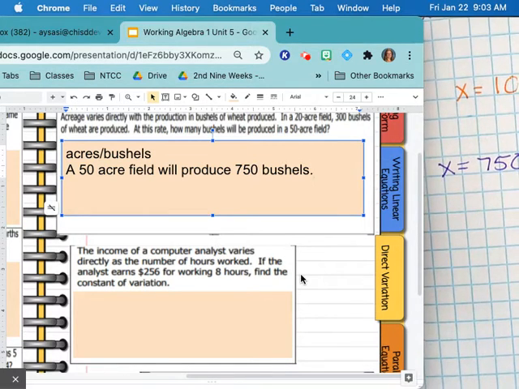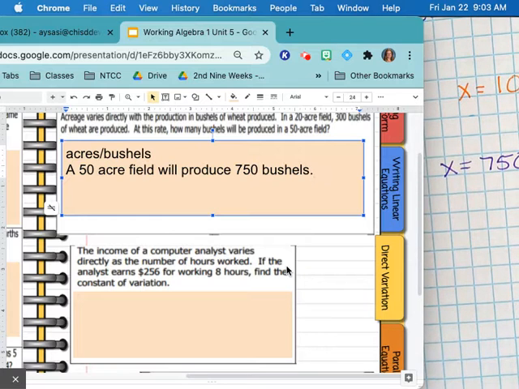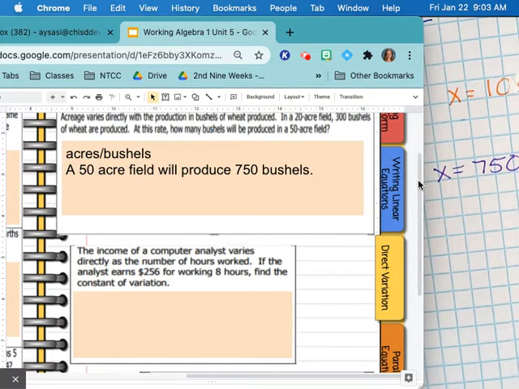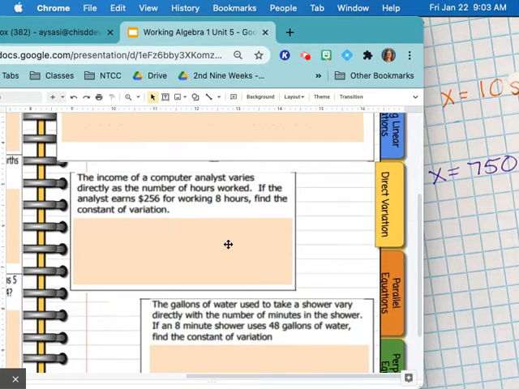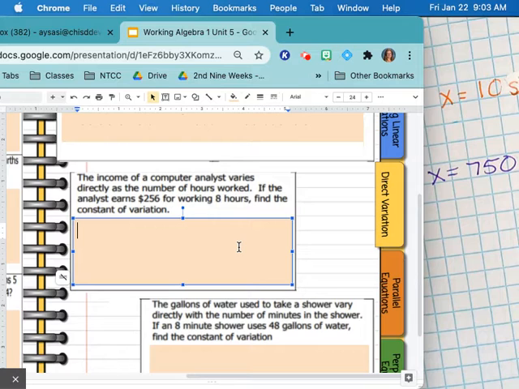Okay, let's go to 5. The income of a computer analyst varies directly with the number of hours he works. If the analyst earns $256 for working 8 hours, find the constant of variation. So let's type in what is our variation. What varies with what?